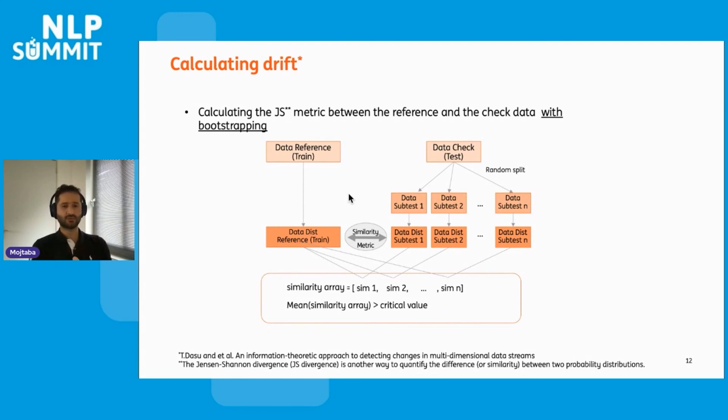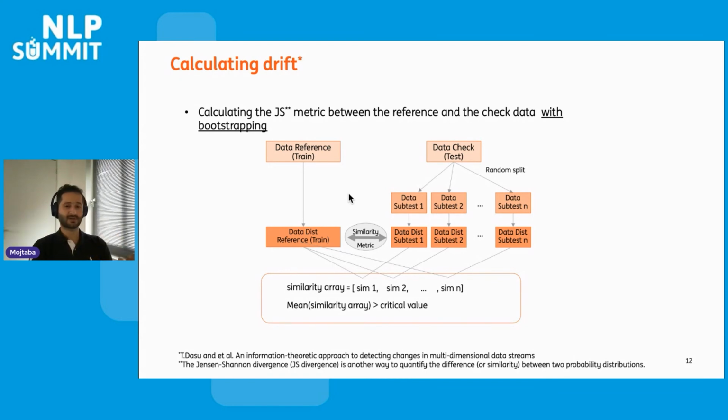So you do bootstrap sampling from the new data and a similarity check using the JS metric to see how similar your subsampled data is to the reference data, and you can create a similarity array. You take the mean value of the similarity array and check it against some critical value.